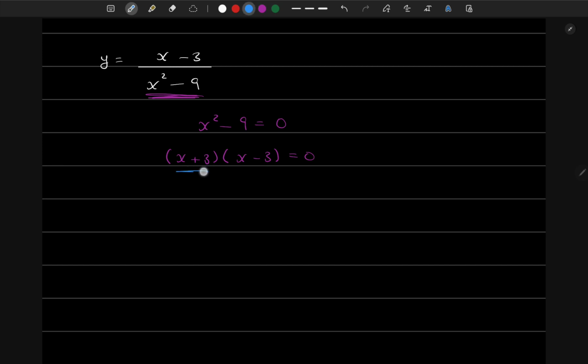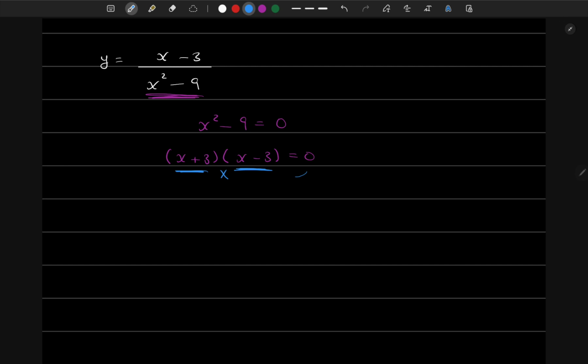Now here I have two values that, when multiplied by each other, give me 0. If I have a multiplied by b equaling 0, that means either a is 0 or b is 0 or both of them. So I have to look into those options.